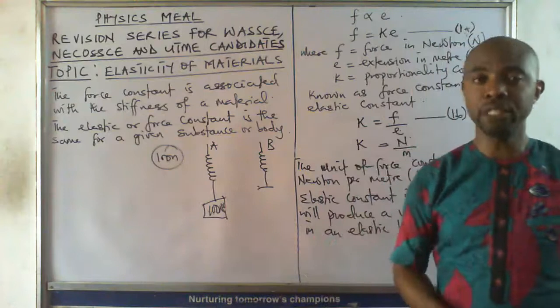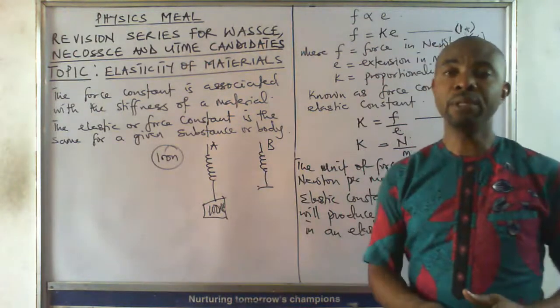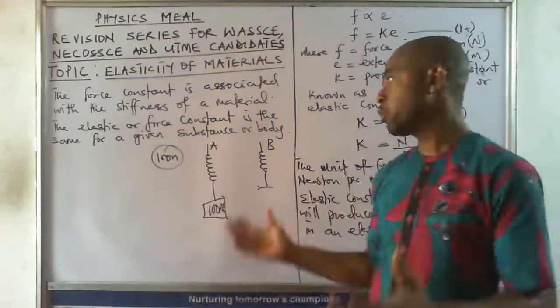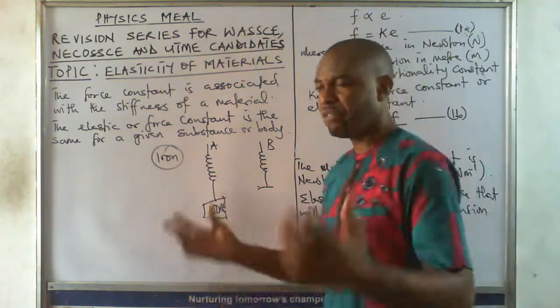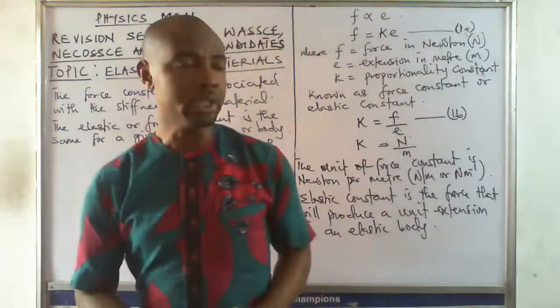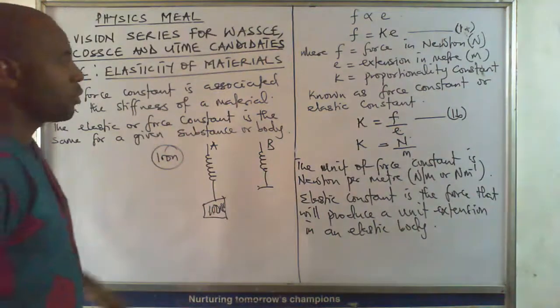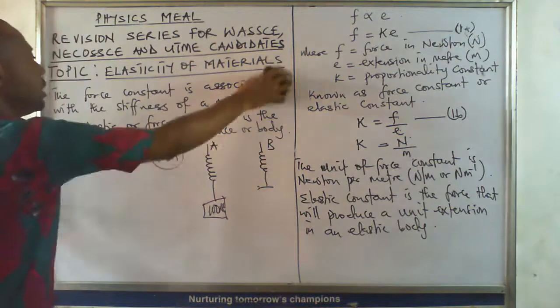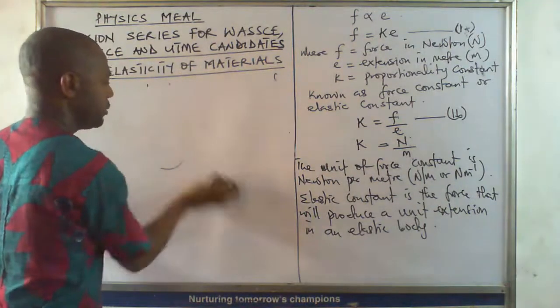We have looked at the meaning of elasticity. We also considered Hooke's law, and then we decided to say a few things on force constants, or what we call elastic constants. So quickly, we are going to look at basic mathematical expressions that we may need.